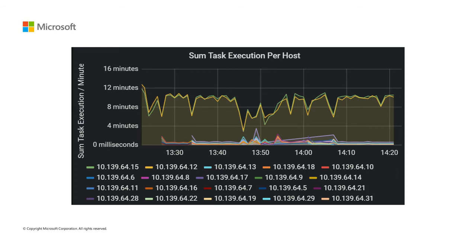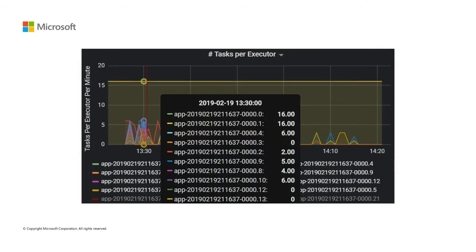And we started to understand not only this is the sum of the execution per minute per host. And we identified that we have two particular hosts, 6414 and 64.9, that have a performance degradation in them. Now, here's where we started to understand and maybe potentially pinpoint what could be the particular problem.